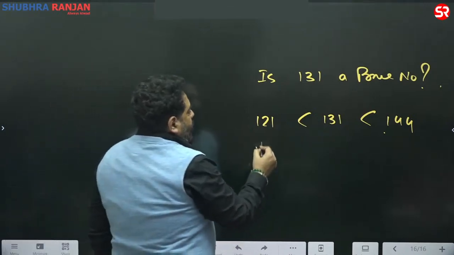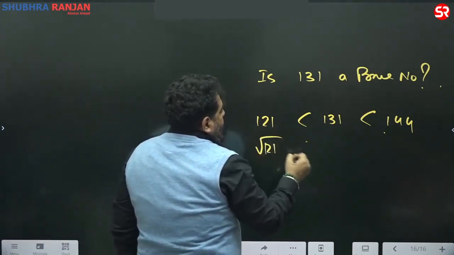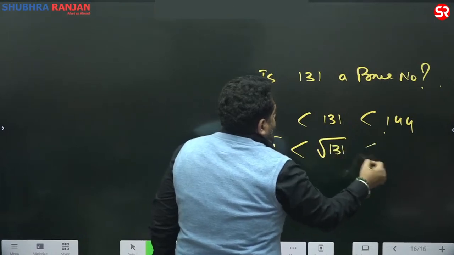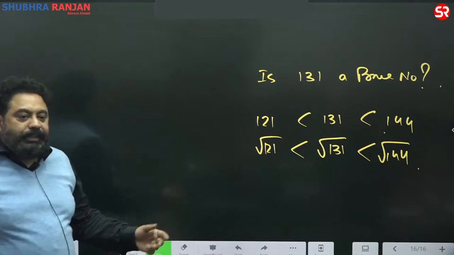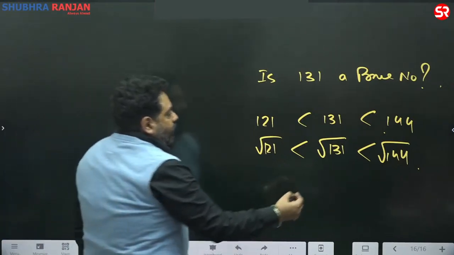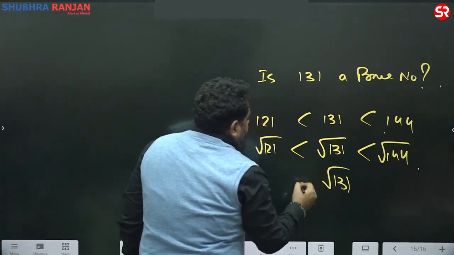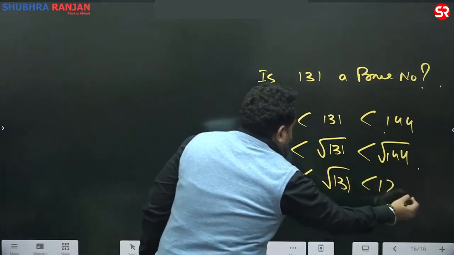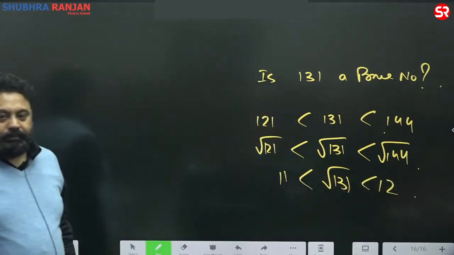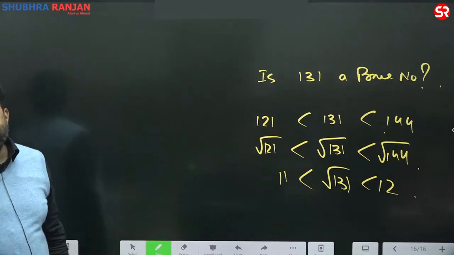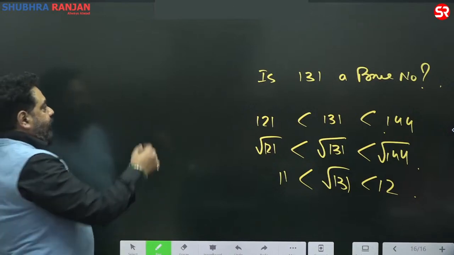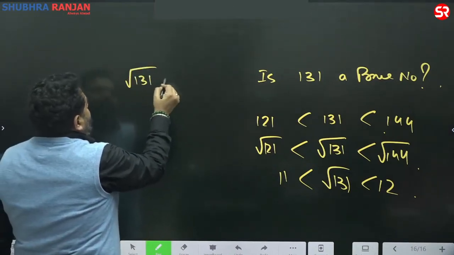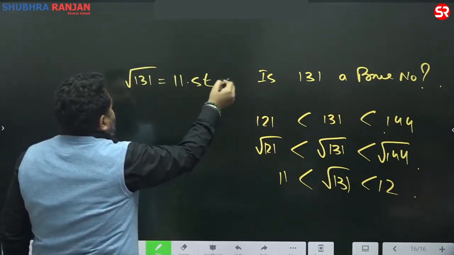So the under root of 131 would lie between 11 and 12. It would be 11 point something. Agreed? So I'm writing, under root of 131 would be 11 point something.